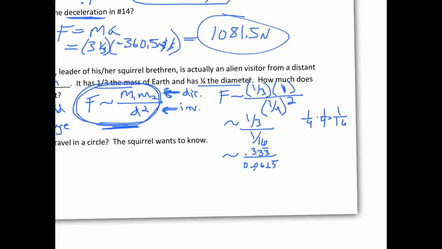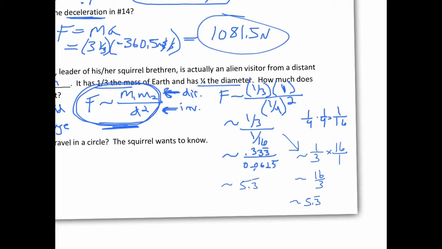Instead of dividing by a fraction, I'm going to multiply by its reciprocal. So dividing by 1/16 is like multiplying by 16. That gives me 16/3. What's 16 divided by 3? 5 1/3. So it's 5.3 repeating times what it was. And if we divide this out as well, we'll also get 5.3. So, whichever way makes sense to you.